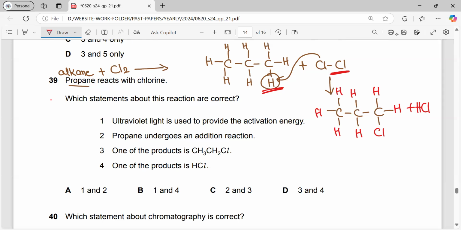So one of the products is HCl, and ultraviolet light is used to provide the activation energy. This substitution reaction is called a photochemical reaction. It needs sunlight for activation energy. Good. So option B is correct.